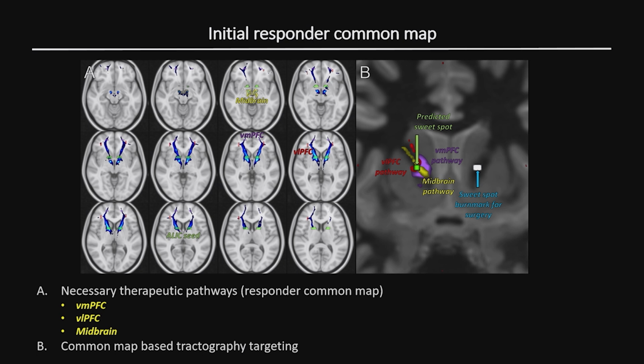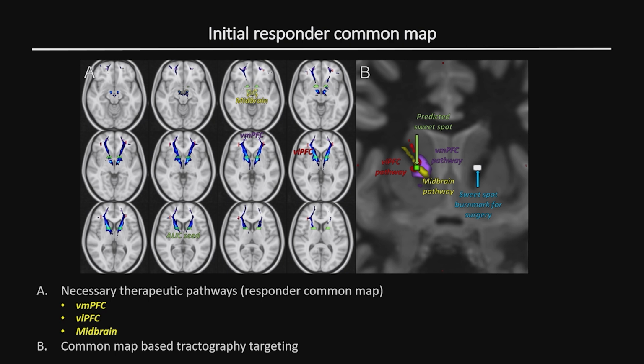As you see on the right side, red indicates the ventral lateral prefrontal connection from the ALIC, purple indicates the ventral medial frontal connection, and yellow indicates the midbrain connection. And we chose the optimal target location, where we put the electrode into the spot where all three bundles converge.